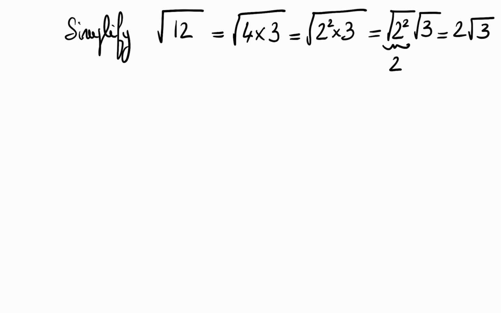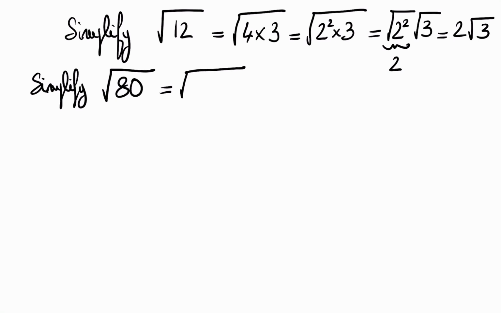Let's simplify another one. Simplify root of 80. I could try to find the prime factor decomposition, but there is a function on the calculator called fact, which helps you find the decomposition in prime factors.